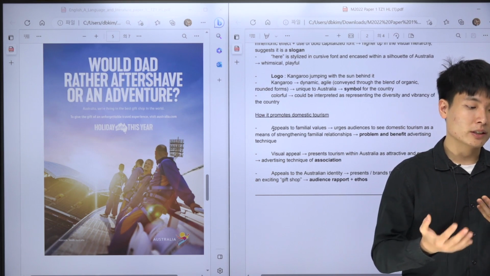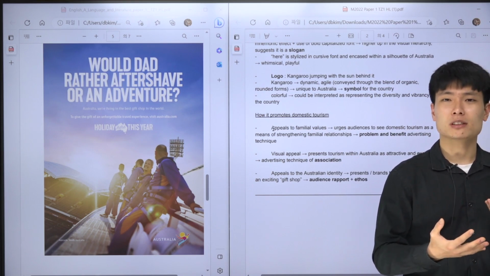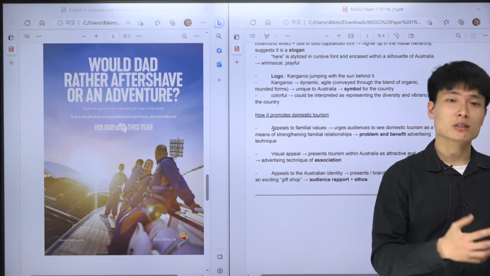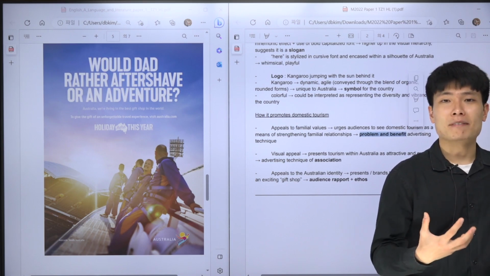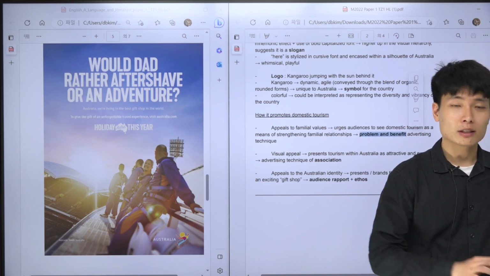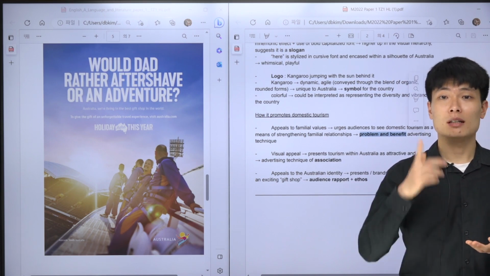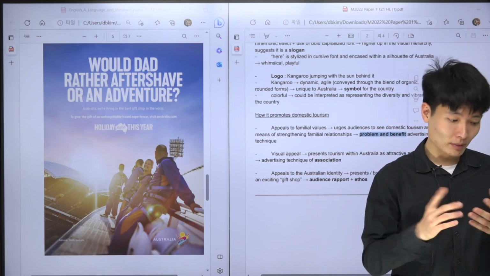It's urging audiences to see domestic tourism as a means of strengthening family relationships. I will also maybe say that this is a problem and benefit advertisement technique being used here, suggesting that, hey, if you want to have better relationships with your family, domestic tourism within Australia is your solution.